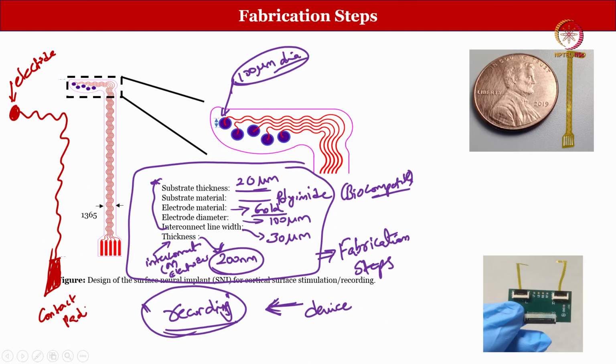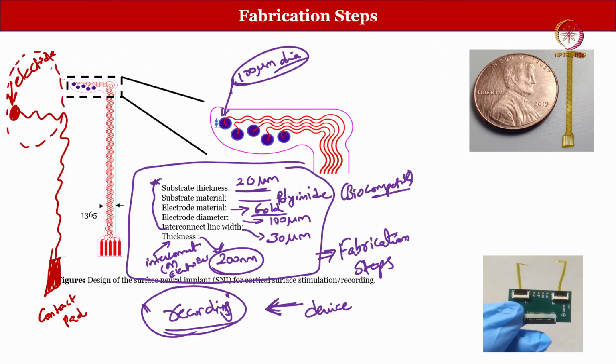Now, the question is, when you are designing something, should I expose the electrode area, or the interconnect area, or the contact pad area, or only some of them? Let us say you are putting this electrode over a brain.